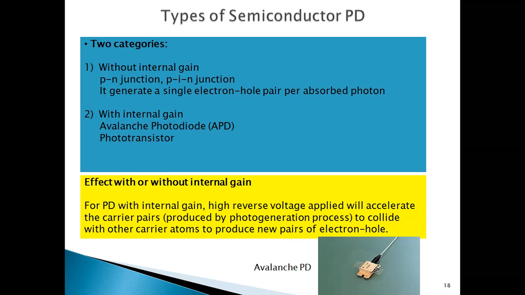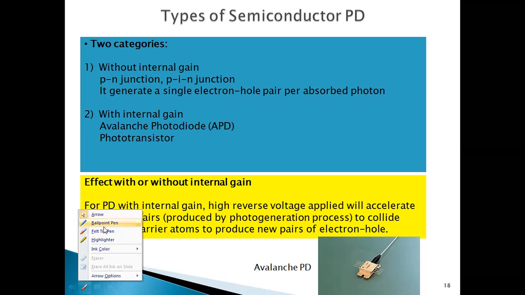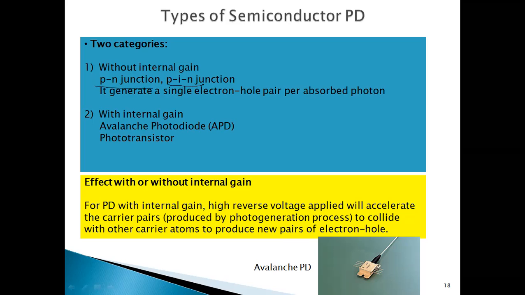This includes the PN junction and also the PIN junction. This type of semiconductor photodiode, without internal gain, generates a single electron-hole pair per absorbed photon.